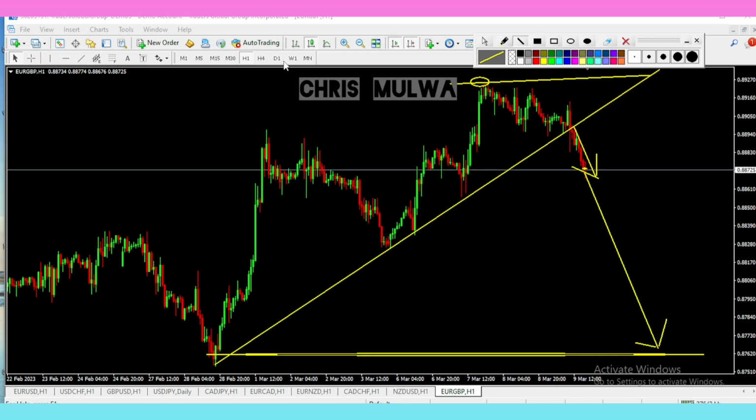So even now, this confirms an entry. The failed swing here confirms an entry, but we can wait for this market to come to that point again. Then it fails, then we can trade it at the lowest.